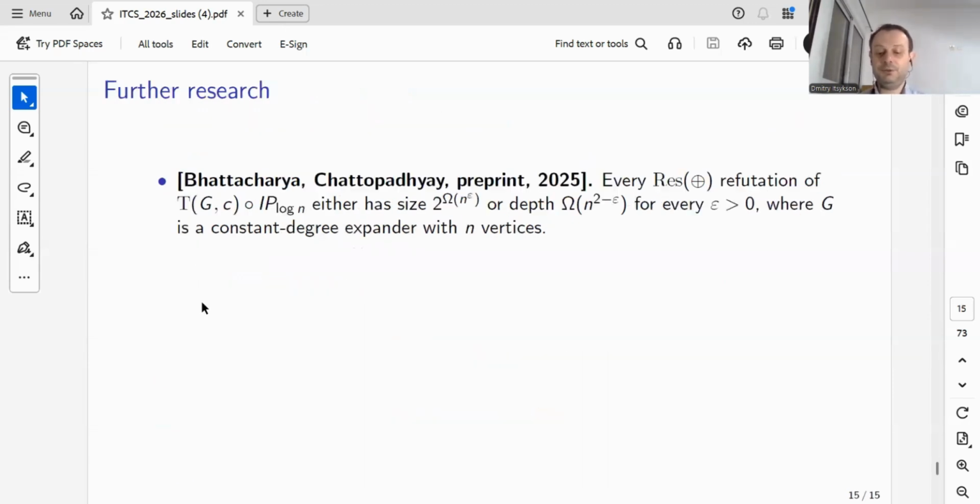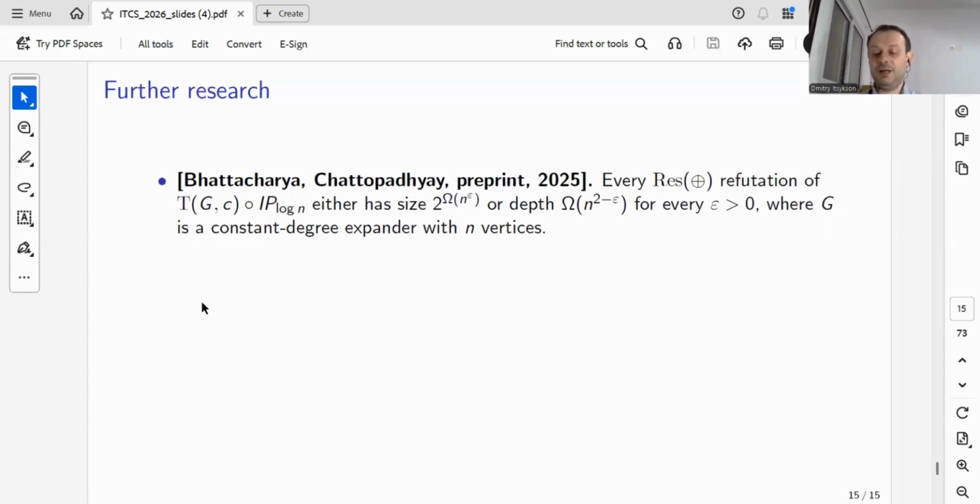There are several new results that have appeared since our paper involving the depth bound, improving the depth bound. All these results were also obtained via the random walk with restarts method.